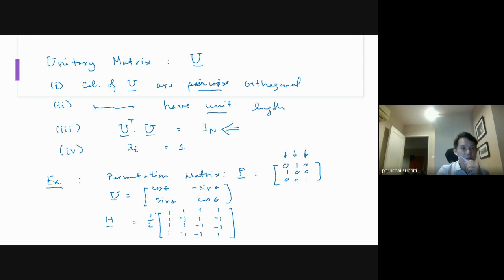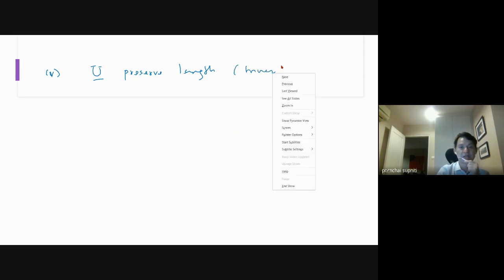To wrap up the unitary matrix, one last important property, property number 5: when you use a unitary matrix in any system, it will preserve length in terms of inner product.